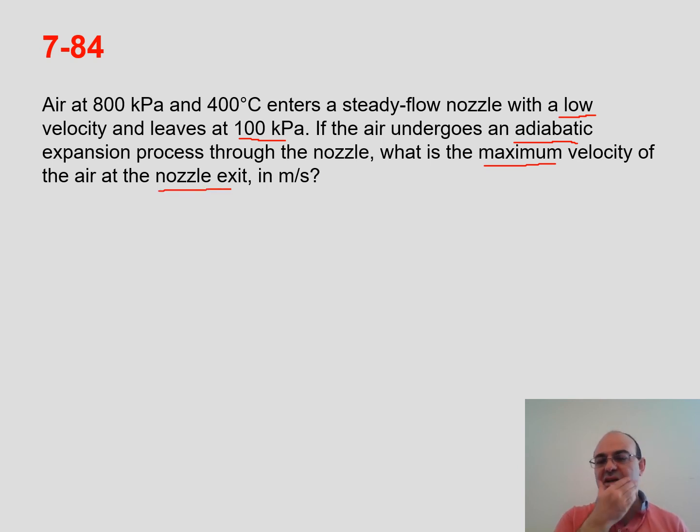So maximum velocity, okay, it's a good question, easy, but it still does have some good points. Maximum velocity means that we assume the process is not only adiabatic, but also reversible. A reversible expansion in the nozzle will result in the maximum work, an isentropic process.